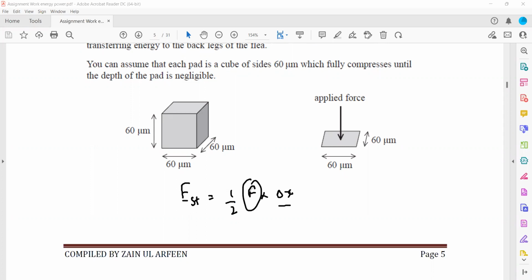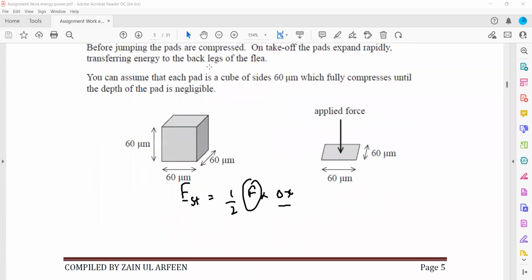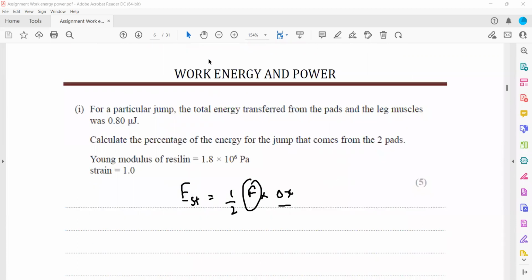So first we need the force, and after getting the force, we'll get how much elastic strain energy is there. And then we'll find the percentage compared to the total energy, because this was the total energy supplied.